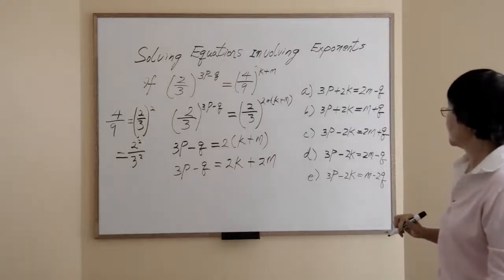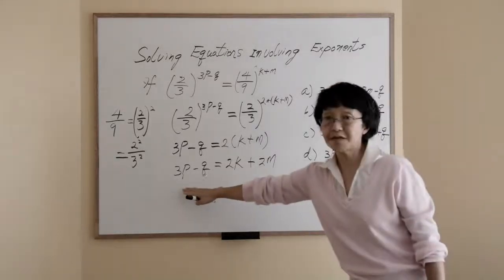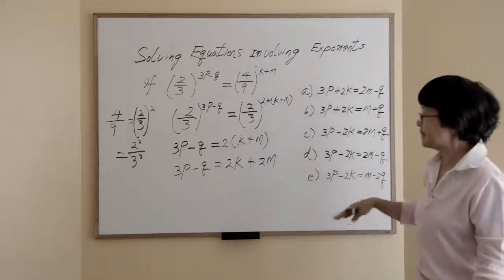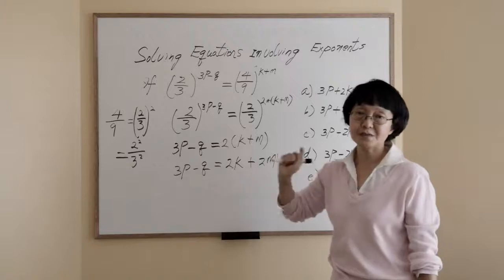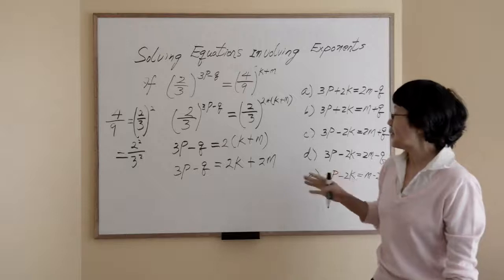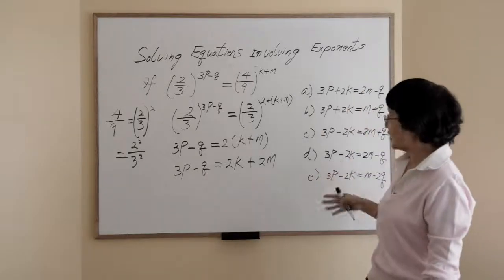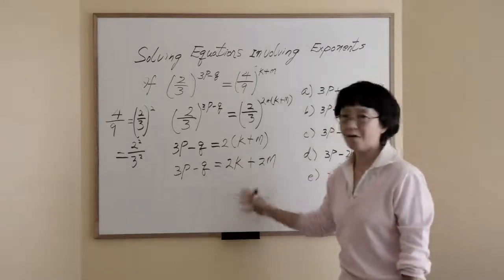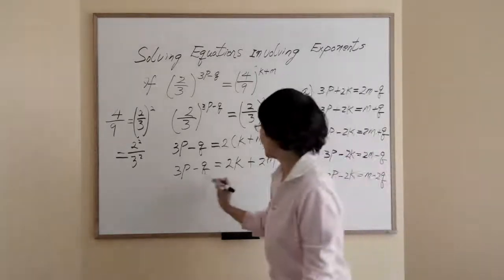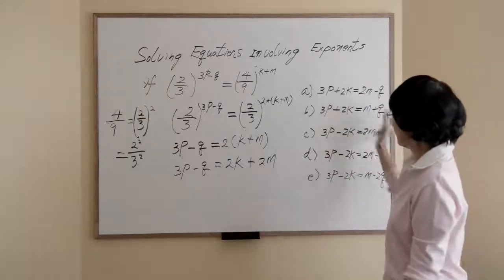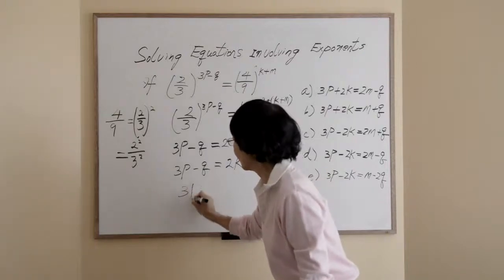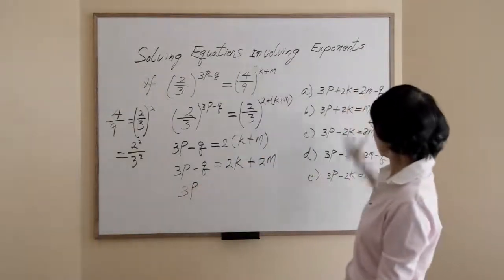Now, when you have this and compare with the choices, none of them is the same as this. This is one of the tricks in SAT math questions, okay? When you don't see this equation in any of the choices, all you need to do is move things around to get to one of them. So remember that. So I see k being moved to this side. That's one thing I'm going to do. 3p, because all of them have 3p and they have 2k's.